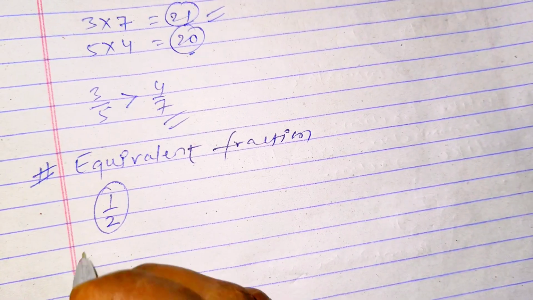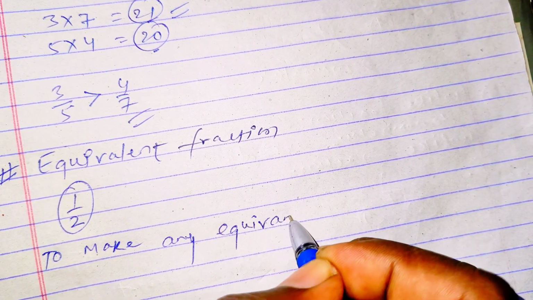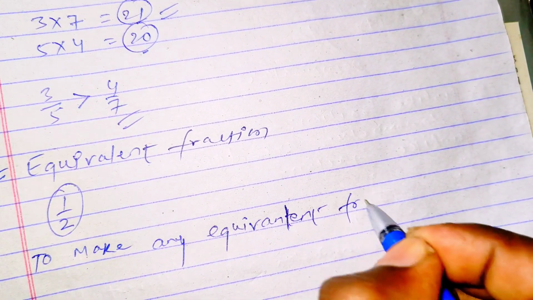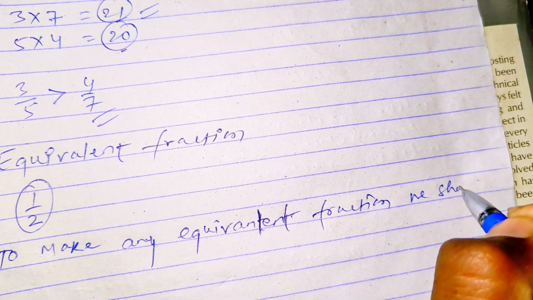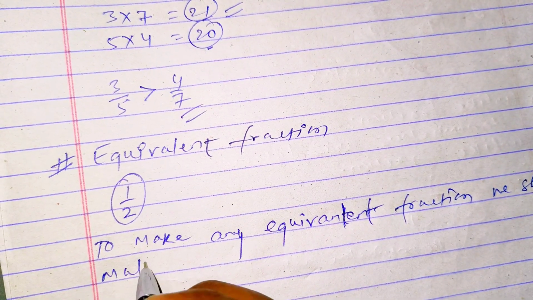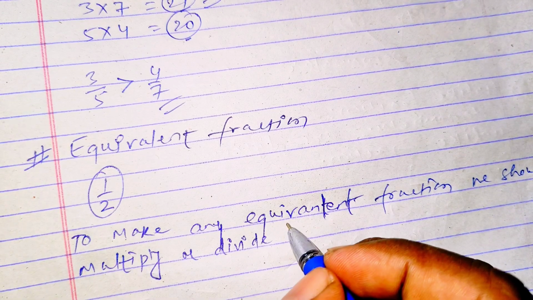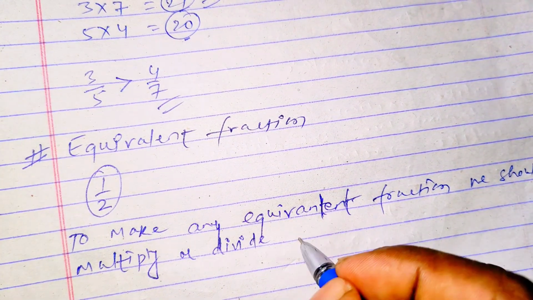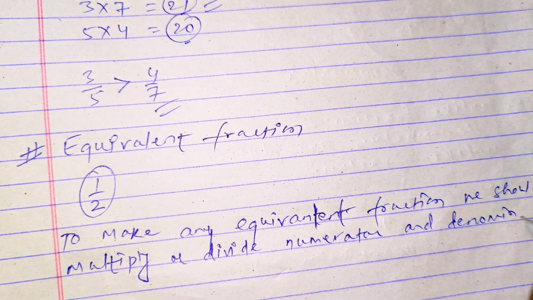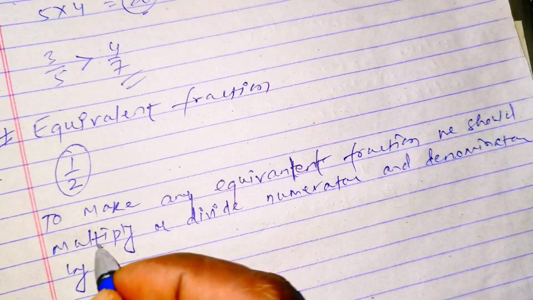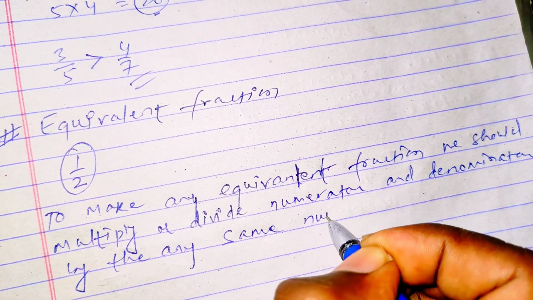So to make an equivalent fraction, we should multiply or divide both the numerator and the denominator by the same number, right?